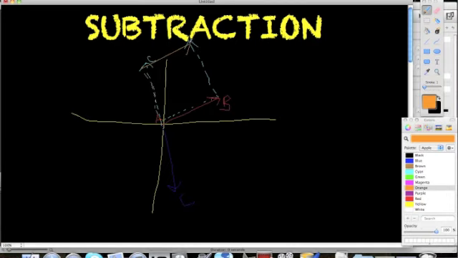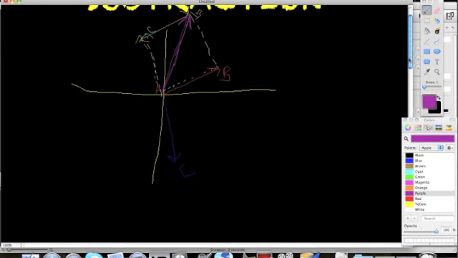And now all you have to do, just like addition, is the tail end of the new vector is going to start at the corner between the original AC and the original AB, and it's going to end at the corner of the new AC and the new AB. And so that's noted by the purple line. So that's how you subtract two vectors graphically.